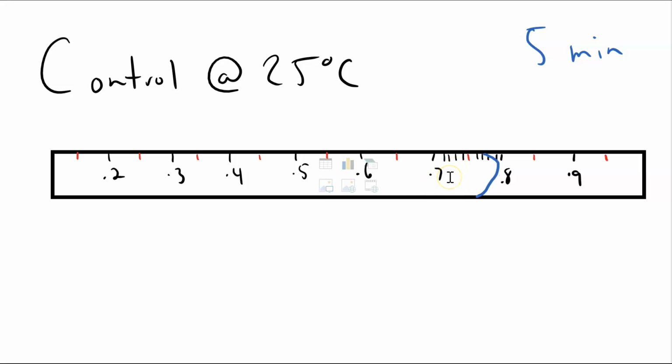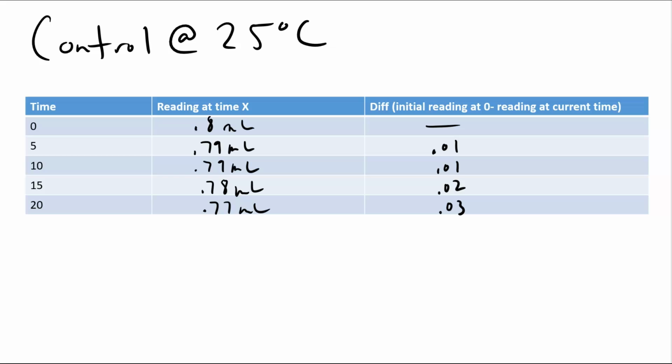This is 0.79. Okay, so it's moved a 100th space. Here it is, 10 minutes. It's moved again a little bit. We find ourselves here kind of at 0.78. 15 minutes, 20 minutes, and here's your table.